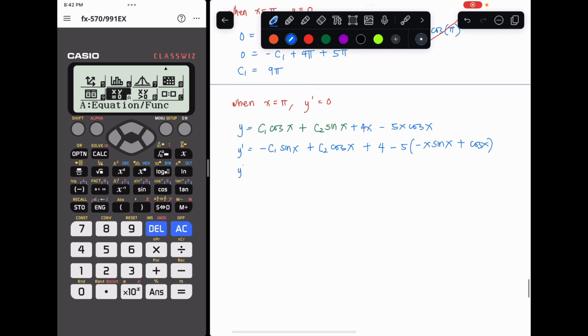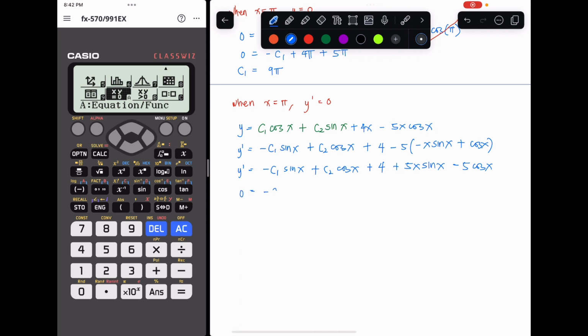And thus y prime will be negative C1 sine x plus C2 cosine x plus 4, and then 5x sine x minus 5 cosine x.